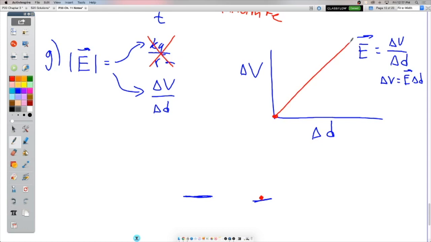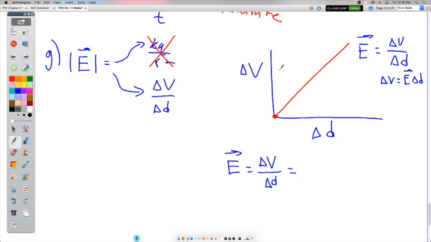Now, we've done a bit of the work here already. It's saying to derive the equation to determine the electric field between the two plates using graphical analysis. So for the electric field, I've already kind of done that here: it equals change in V over change in d. Not quite done, but getting there. The electric field is the potential difference divided by the separation distance.